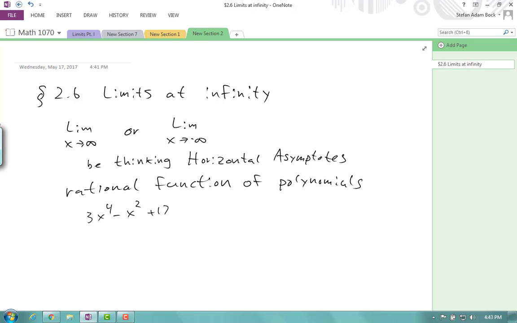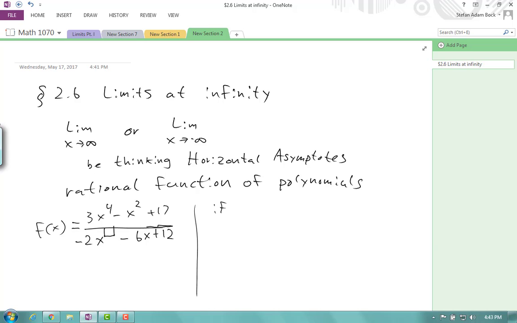3x to the fourth minus x squared plus 17 divided by negative 2x, I'm going to put a box here, minus 6x plus 12. And my question is, does f of x have any horizontal asymptotes?